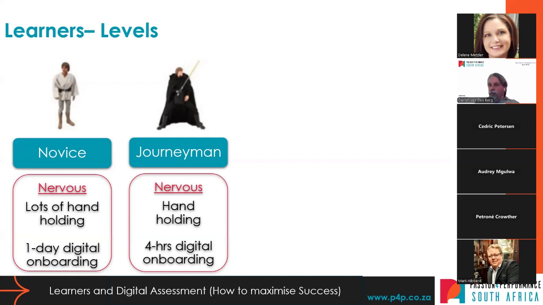You're looking at 2 hours or half a day for a digital onboarding. If you're using two platforms, about 2 hours each. That's quite important. This has to happen prior to your training if you want the success of using the platforms. There is no training that takes place at this point. It's all about the onboarding into how the platforms are going to work.